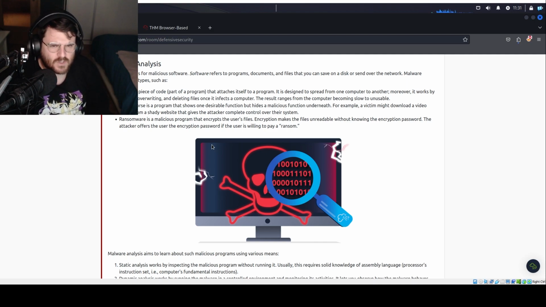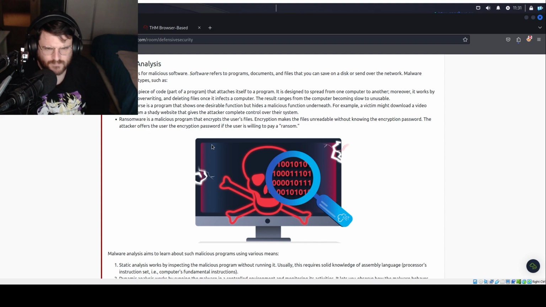A virus is a piece of code, a part of a program that attaches itself to a program. It is designed to spread from one computer to another. Moreover, it works by altering, overwriting, and deleting files once it infects a computer. The result ranges from the computer becoming slow to unusable.